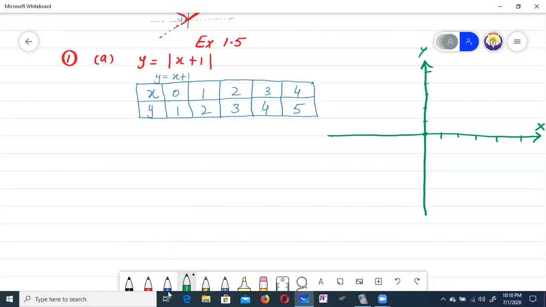When x is 0, y is 1. X is 0, y is 1, this point. X is 1, y is 2. X is 2, y is 3, then x is 3, y is 4, x is 4, y is 5, like this. Then we have to join these points.